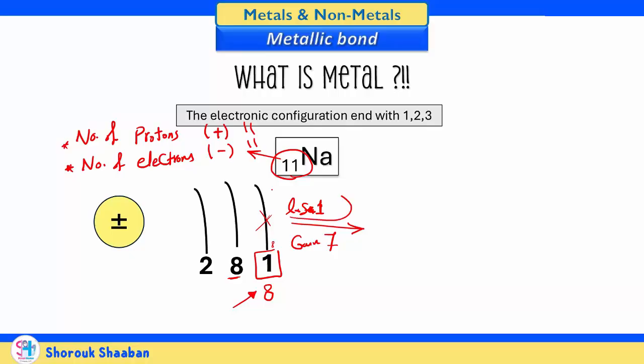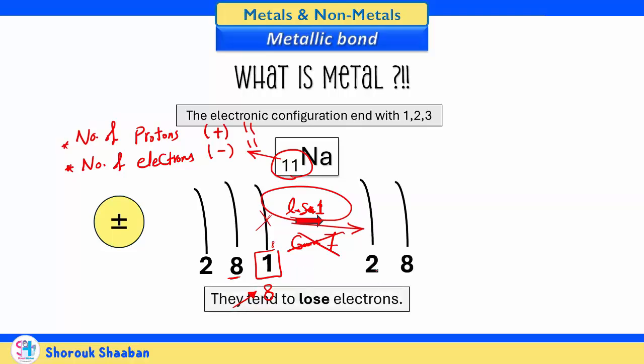Of course, losing one is easier, so if you remember also, we said metals tend to lose electrons. So actually, this sodium element will lose this one, having 2, 8 only. Now it's a very stable element because it has a complete number of electrons, which is 8 in the outermost energy level.